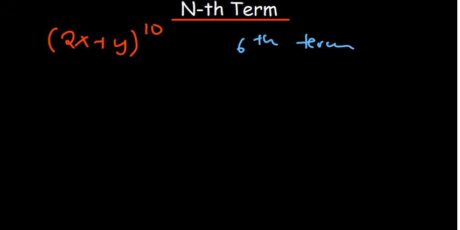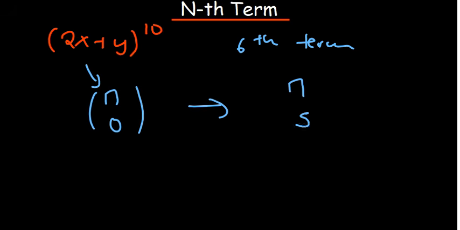How do you do it without expanding everything from 10 choose 0 all the way up to 10 choose 5? Why am I saying 5? It's because the first term begins with 0, so we end with 5 if we are trying to find the 6th term.